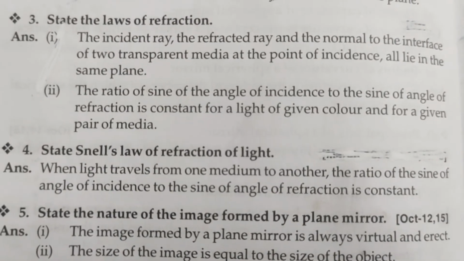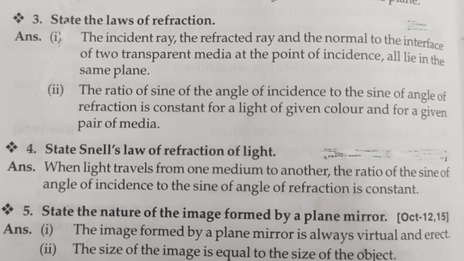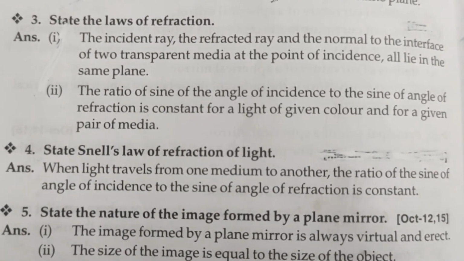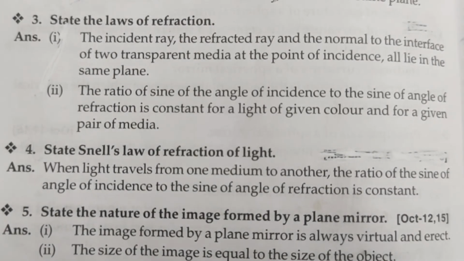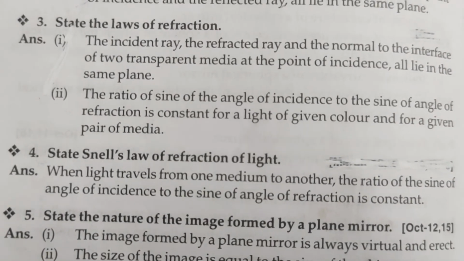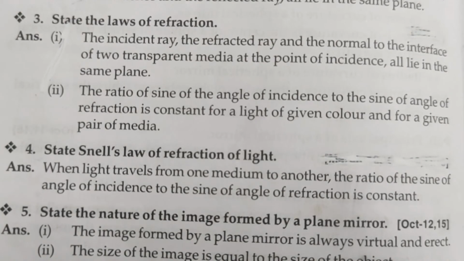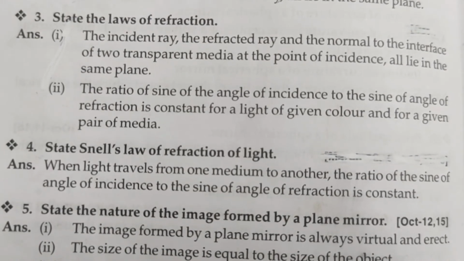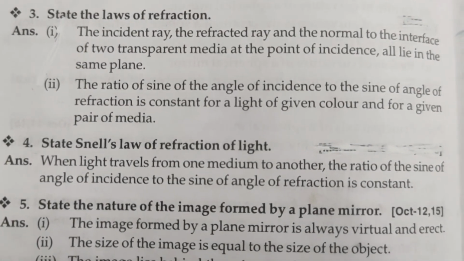State Snell's law of refraction of light. When light travels from one medium to another, the ratio of the sine of the angle of incidence to the sine of the angle of refraction is constant.